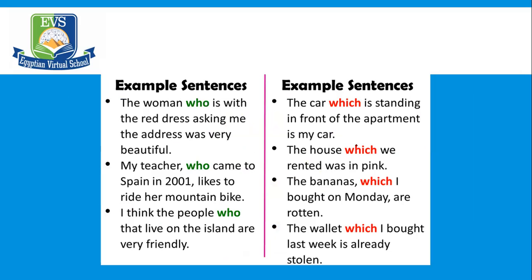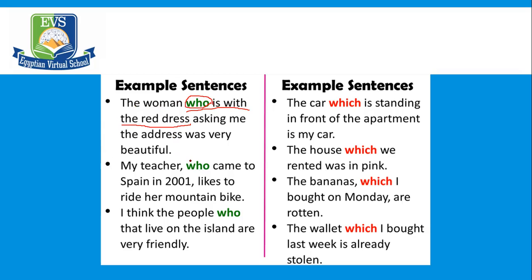Okay, to get closer to different examples, check here for using who in sentences, identifying the subject. The woman who is with the red dress, let's underline the relative clause here. The woman who is with the red dress asking me the address was very beautiful. There is a relative clause and the relative pronoun who describes the subject here, the woman.